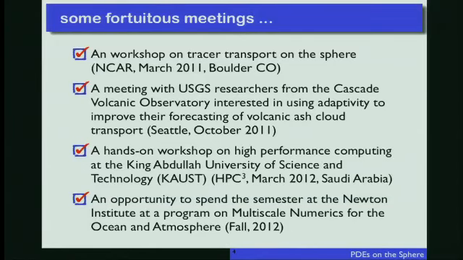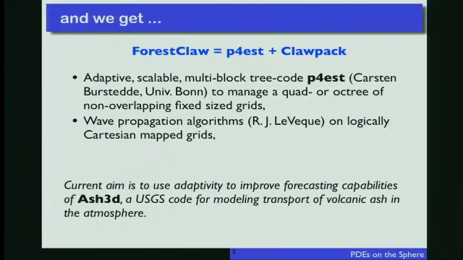So I put all that together, and what has come out of it is this code that we're just now getting going. I'm going to talk to you about various pieces of this. We call it ForestClaw. It involves p4est, a code that Carsten Burstedt developed to manage quad or octrees of non-overlapping fixed-size grids, which is perfect for the AMR setting.